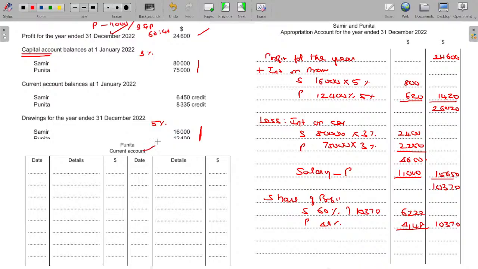Now you have to prepare Punita's current account. Punita's current account has a credit balance of 8,335. So on 2022 Jan 1, balance brought down. Apart from that, the items to be added here are interest on drawings and drawings.